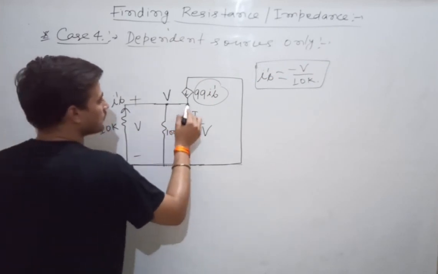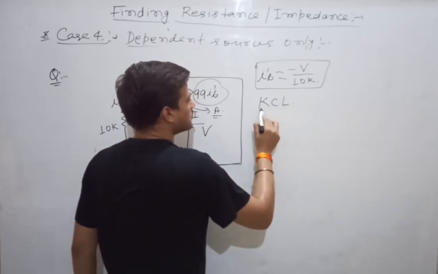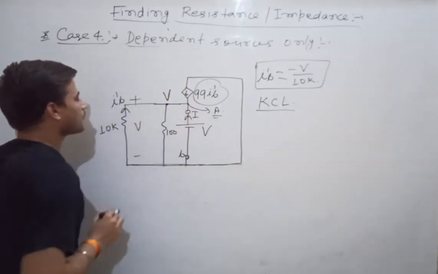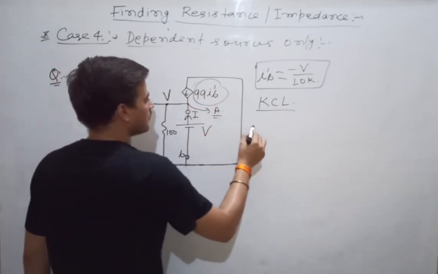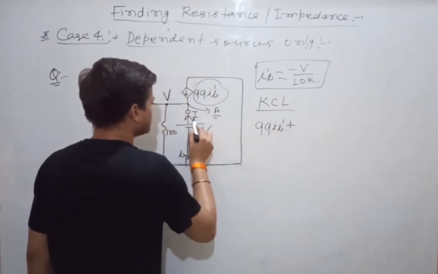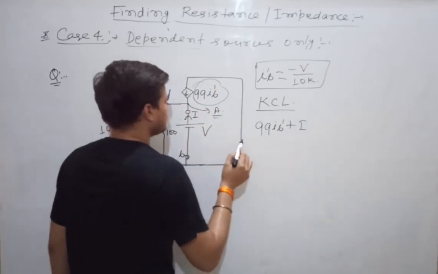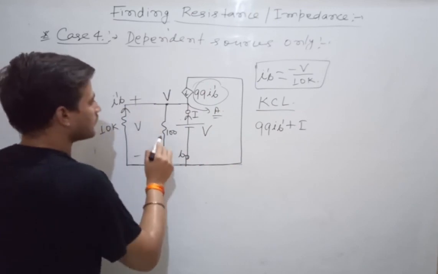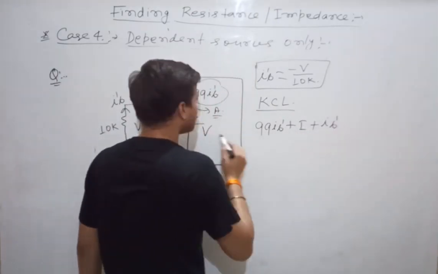Suppose this node is A. Apply Kirchhoff's current law at this node. How many branches are there? 1, 2, 3, 4. The incoming currents are 99 IB dash, plus another incoming current I, plus this IB, which is also incoming, plus IB dash, and this will equal the outgoing current.